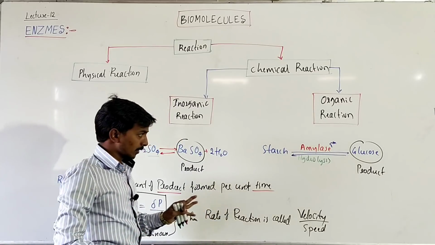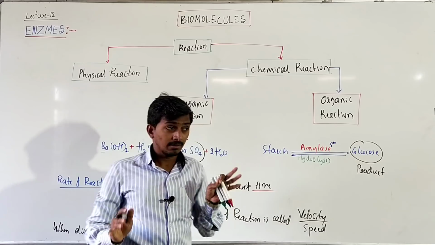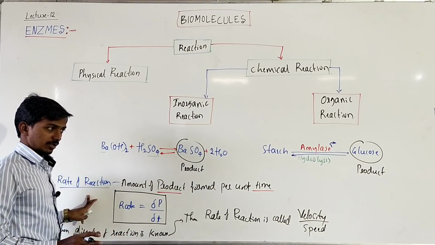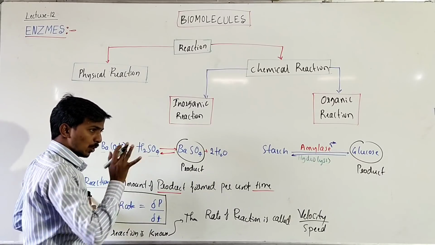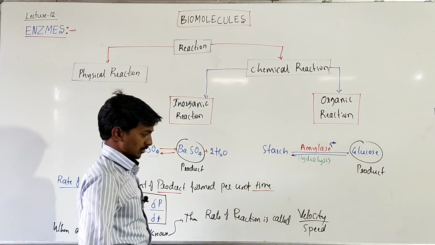Simply, when the direction is not known, it is called rate of reaction. When the direction is known, it is called velocity of reaction or speed of reaction. That's it.